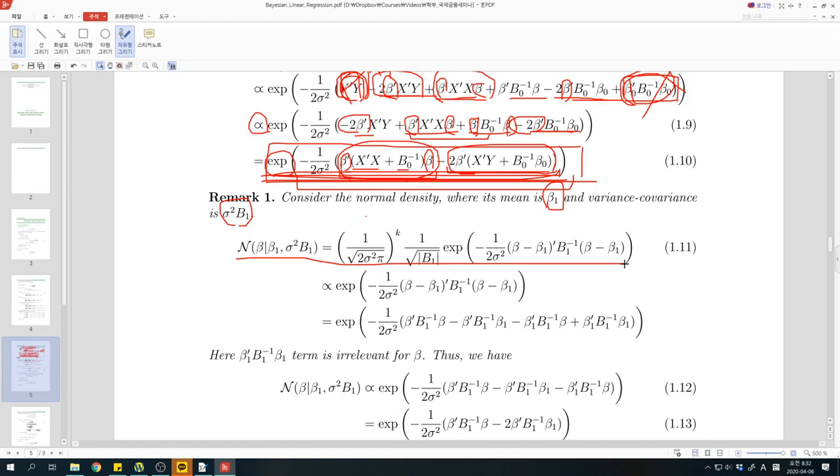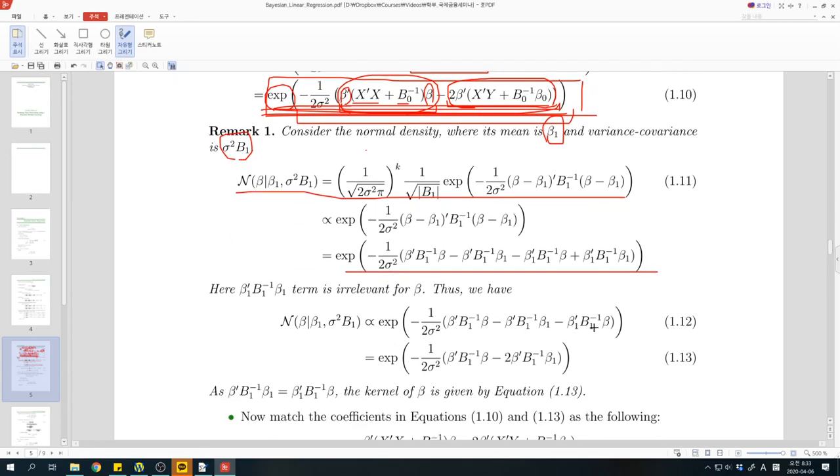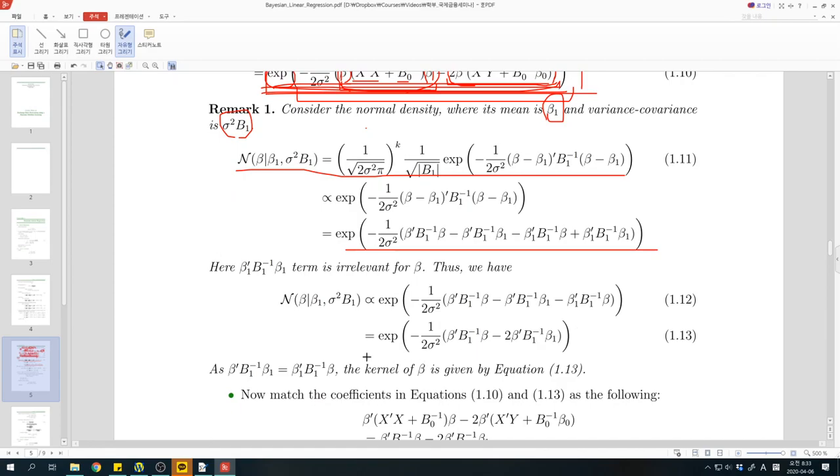I arrange this equation in terms of beta square and beta terms. This is the kernel of beta.